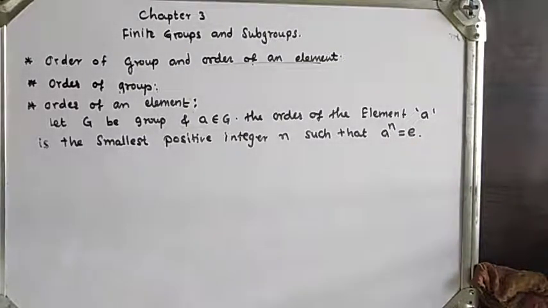If no such integer exists, then we say that a has infinite order.